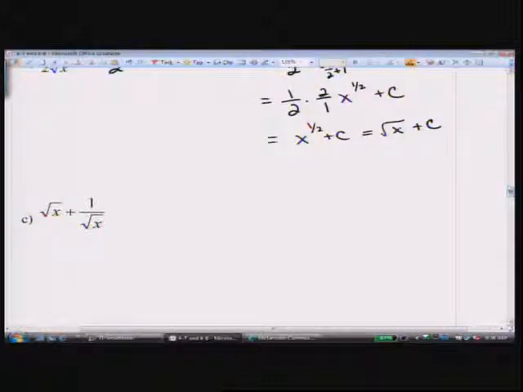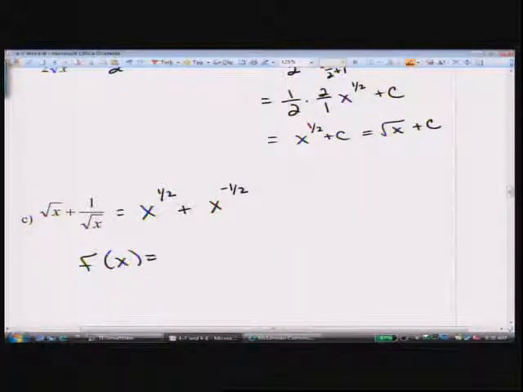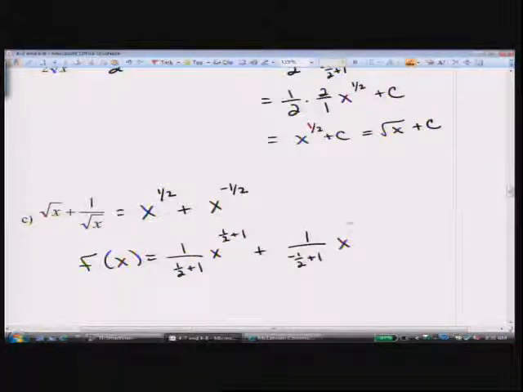Okay, so we would think of this as x to the 1/2 plus x to the negative 1/2. So our general antiderivative, we will add 1 to the exponent, and we'll do 1 over 1/2 plus 1. It's n plus 1. X to the 1/2 plus 1 plus 1 over negative 1/2 plus 1 x to the negative 1/2 plus 1 plus c.